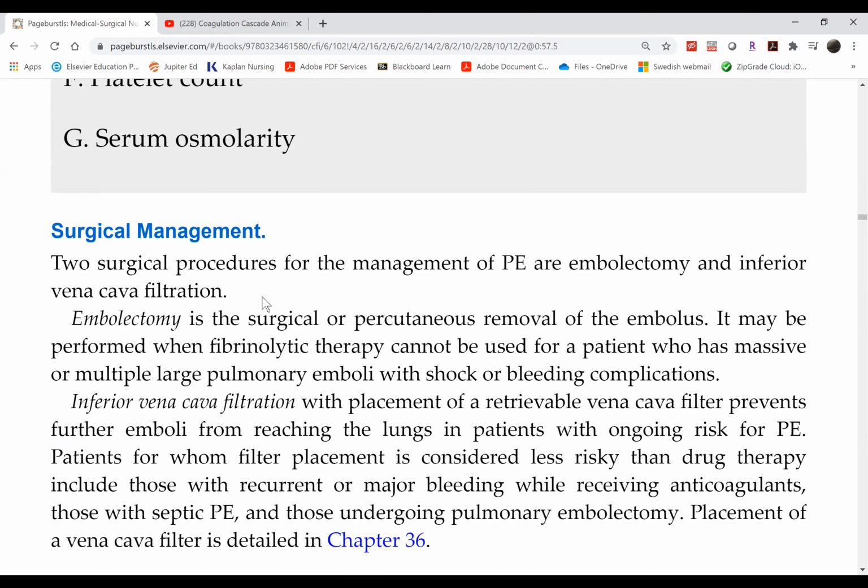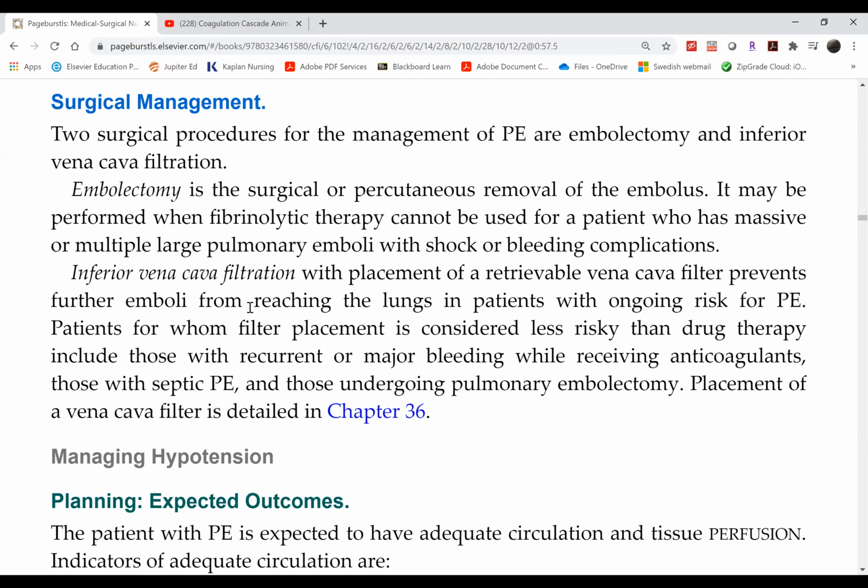So for a PE, we need it higher. So that's 2 to 3. And then if it's, let's say a massive PE, then we go maybe 3 to 3.5. And then for a recurrent PE, it has to be 3.5 to 4.